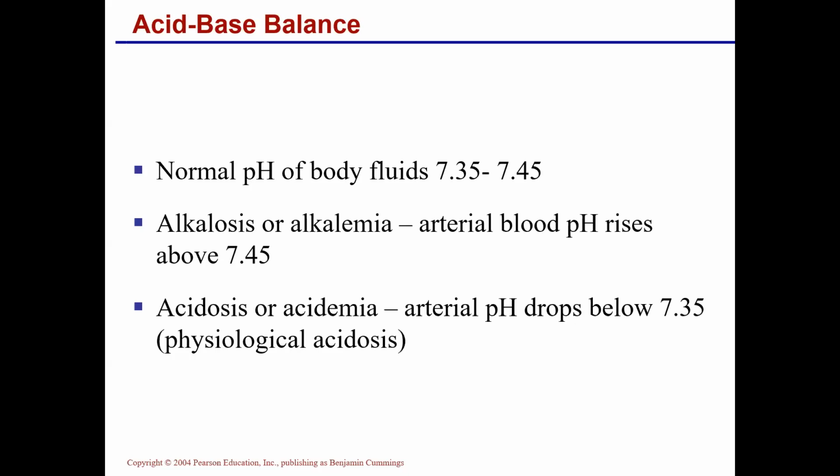So either way is not good. Too low or too high pH can affect your metabolism. If the pH is off, the enzymes cannot work properly, and that will mess up your chemical reactions.